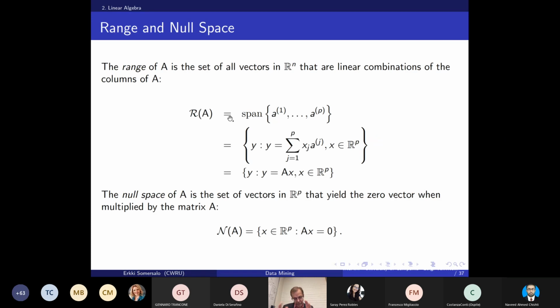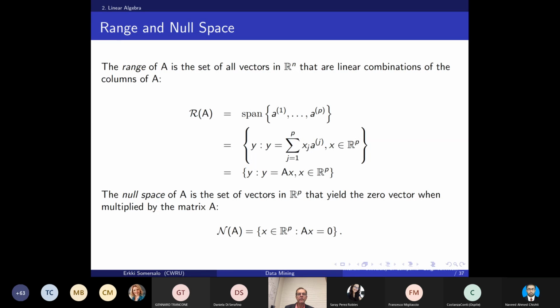Okay, so those are basic tools. We need a little bit of the concept of subspaces, and in particular there are 2 subspaces related to matrices that are of importance: the range and null space. The range of A is the subspace which is spanned by all columns of A. If you remember what span means, it is the subspace of all possible linear combinations of the vectors which are spanning the subspace.